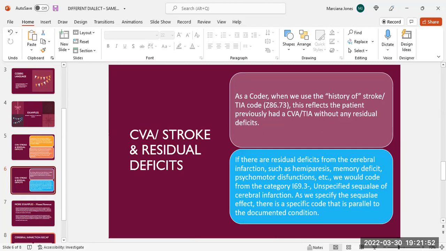So anything that happens to you as a result of the stroke, there's a code for it, and it's going to come from I69.3. I'll give examples so you can understand what I'm talking about. As we specify the sequela effect, there is a specific code that is parallel to the documented condition.